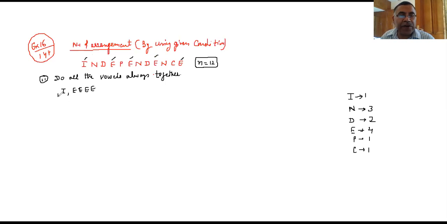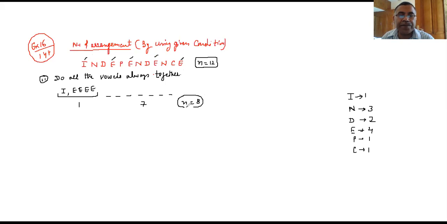So that means 5 letters are there, and I'm going to take these 5 letters as a single letter. So 1, 2, 3, 4, 5. Total are 12. So 7 are the rest of the letters with me. 1, 2, 3, 4, 5, 6, 7. 7 are the rest of the letters, and I am going to treat it as a single letter. So total number of letters now with me are 8.